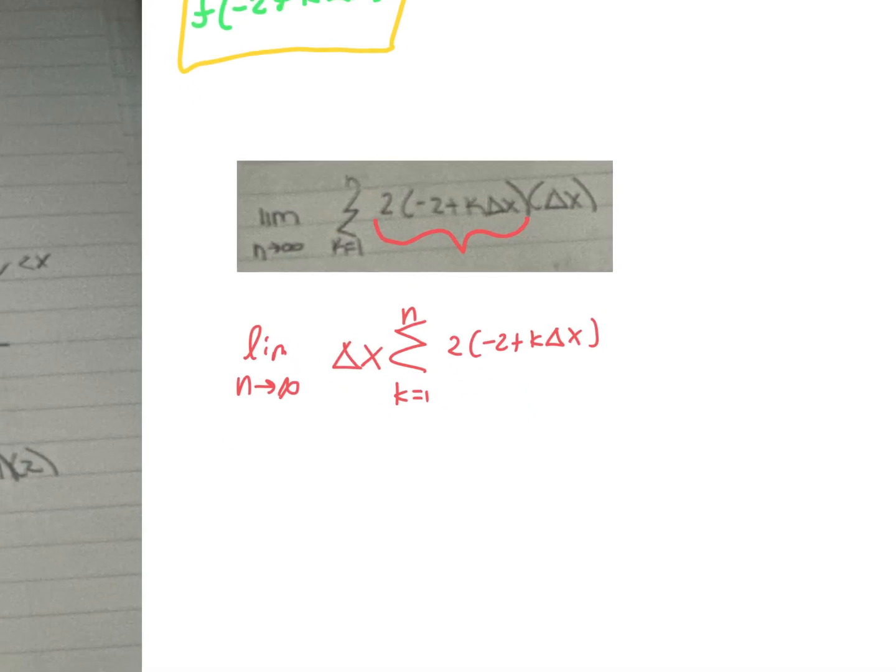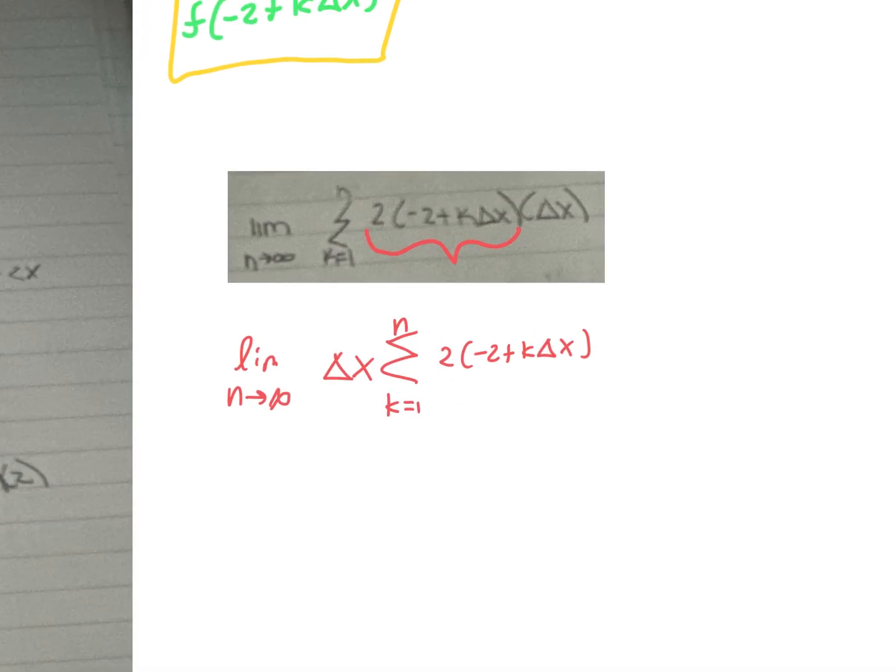At that point, I think my student watching understands that you can distribute this, which is going to make it a lot nicer. As a result, we would end up with -4 plus 2k delta x. Now, the next move is kind of interesting.